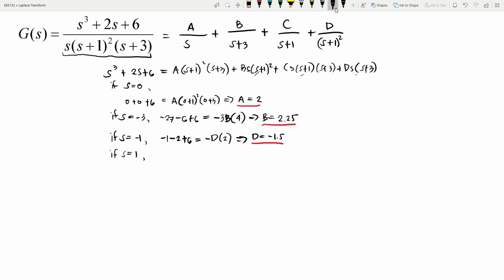So we have 1 plus 2 plus 6 equal to 2 times 4 times 4 plus 2.25 times 4 plus c times 2 times 4 minus 1.5 times 4. Solving for c, we have negative 3.25.